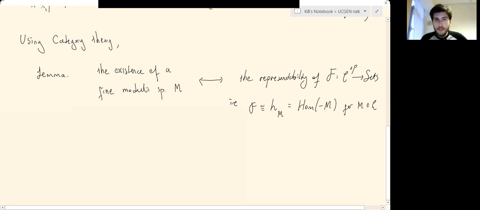So maybe as a slight remark here for those who are not familiar with this representability business, there are some key ideas. First of all, the Yoneda embedding, right? So there exists the so-called Yoneda embedding, which will be important later on.